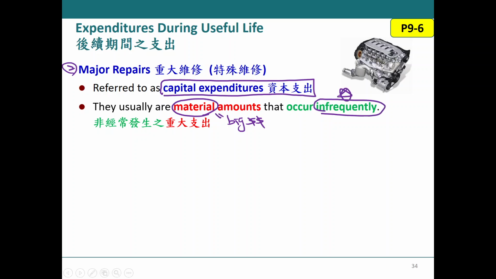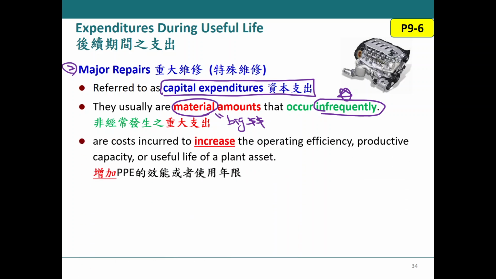Okay? So for this kind of situations, usually they will improve your PP's conditions. So here you will find out increase your PP's efficiency. So improve your PP's conditions.